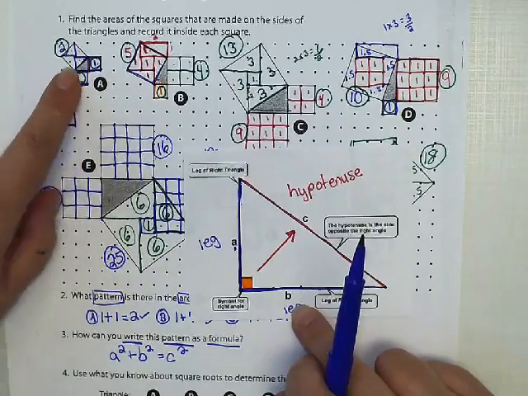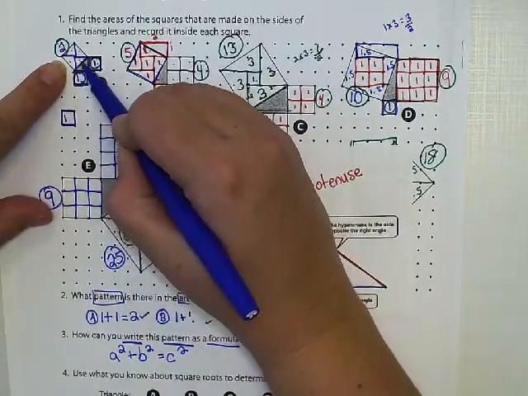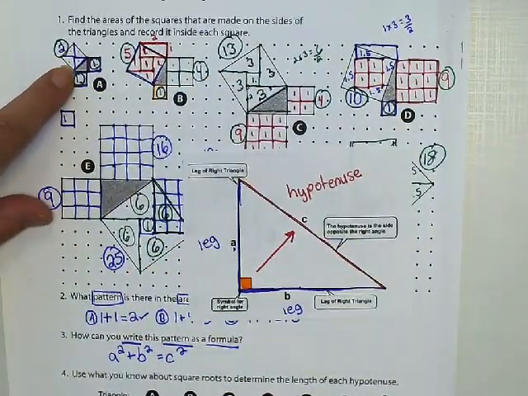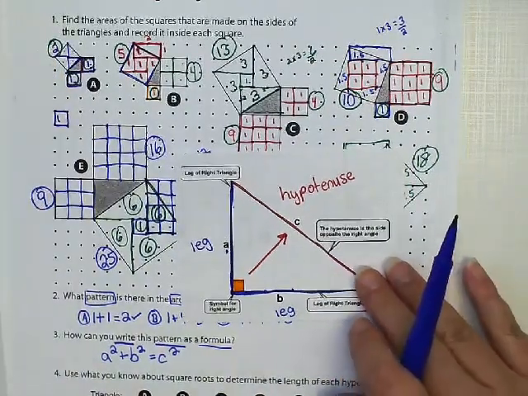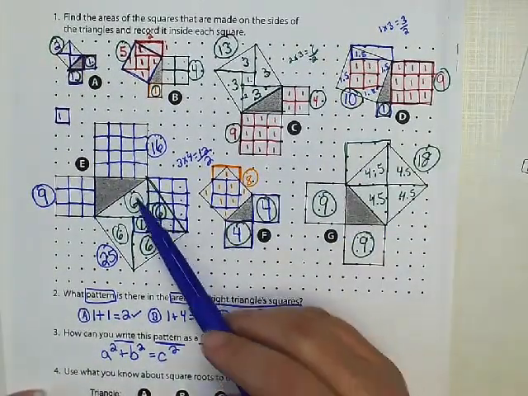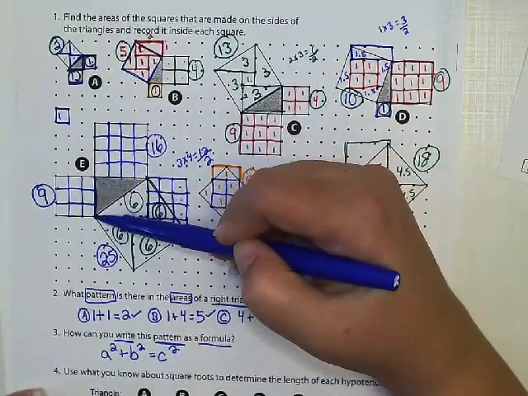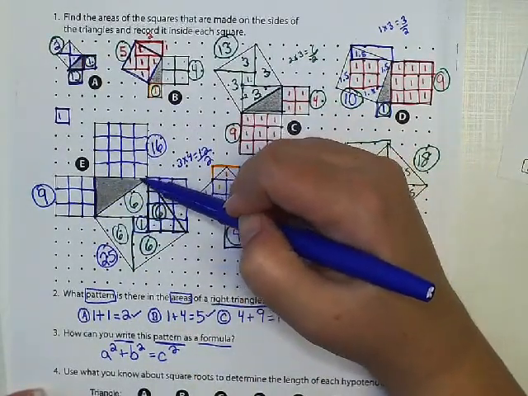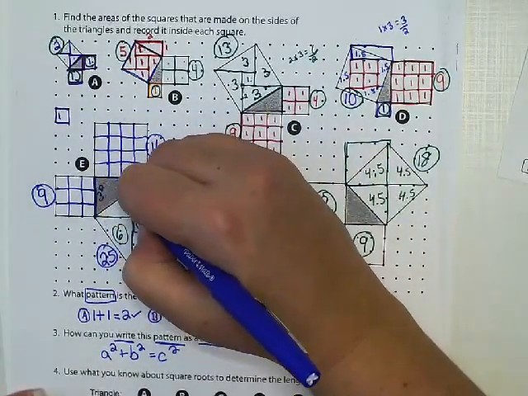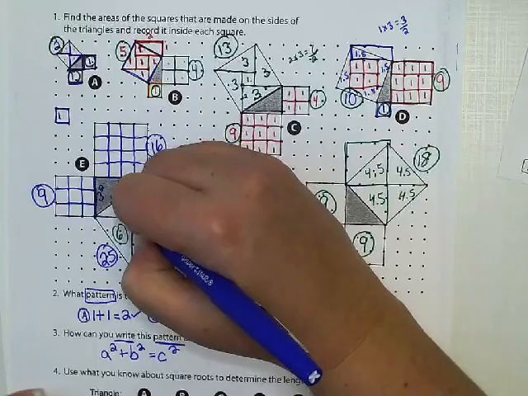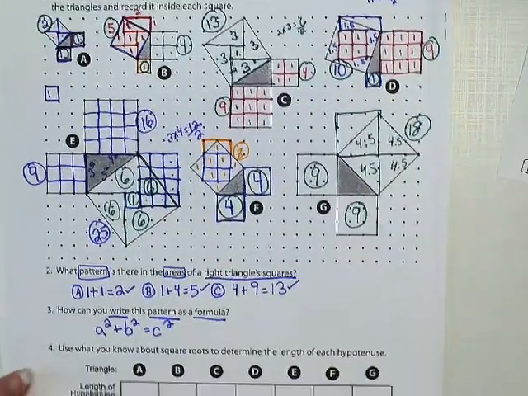It would equal this length squared, or I'm sorry, you would get an area of 2. Okay? Which works for all of them. If you take 3 and square it, and 4 and square it, you would get 5 squared for your area here.